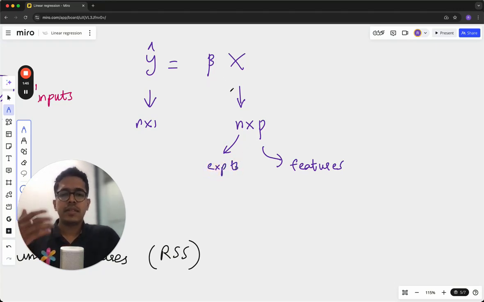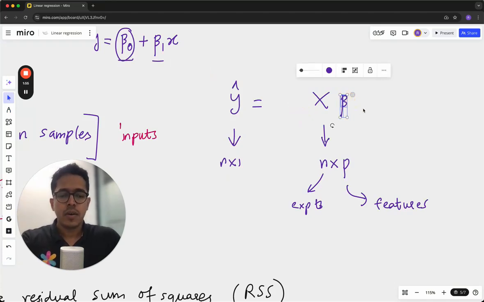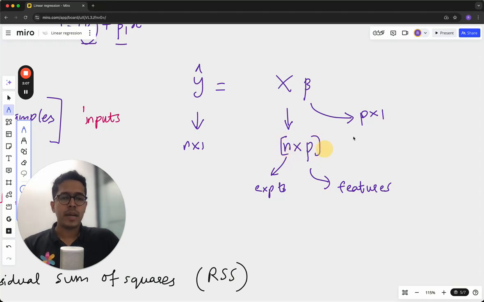From this, just by looking at the dimensionality matching, we can say that the dimension of beta should be p by 1. Let us mark that here. An n by p dimension matrix multiplied with a p by 1 dimension matrix should give us an n by 1 dimension matrix. So y is the output, x is the input, and beta is the parameters.